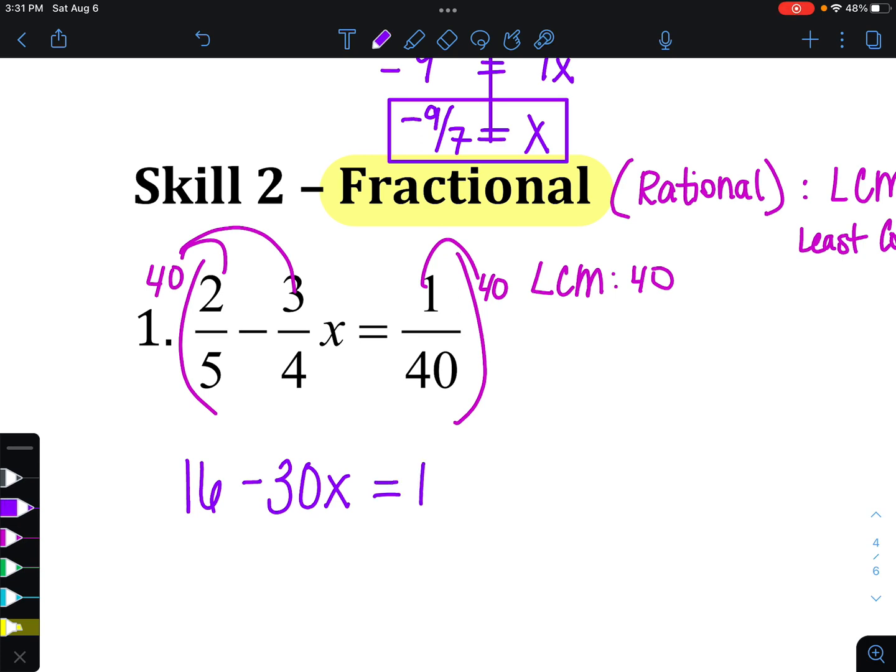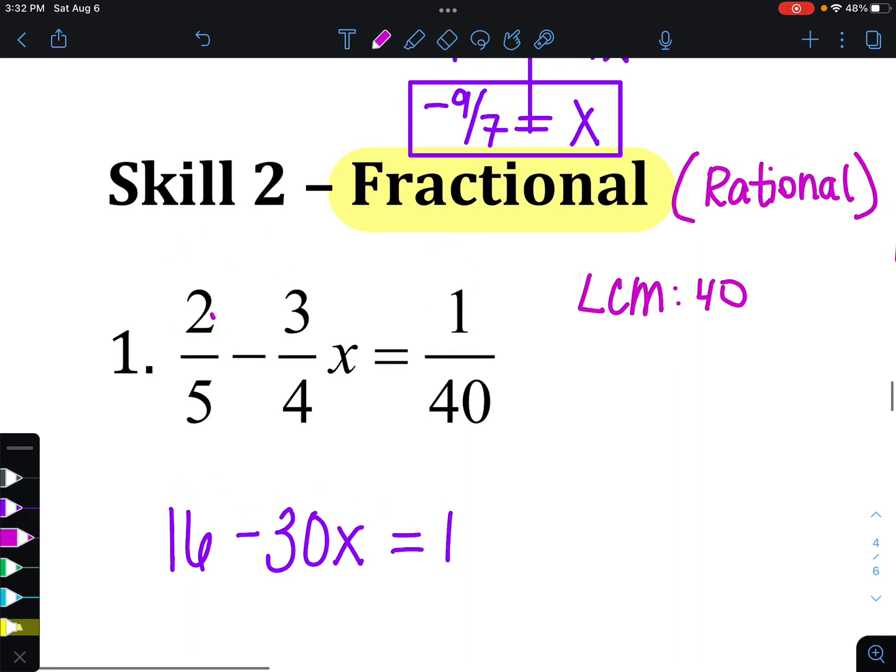So however you want to think about that, I put it on the outside. If that's confusing to you, you can also think of it, put that times 40 here, times 40 on each of the little fractions, and then you can reduce while you're working. Like 40 divided by 5 is 8, 2 times 8 is 16. 40 divided by 4 is 10, 3 times 10 is that 30x.